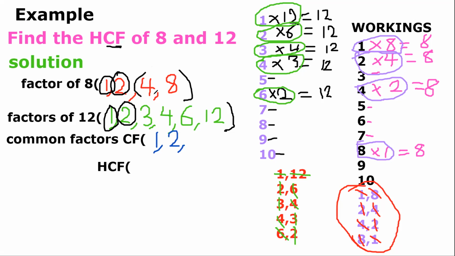So 4 is here. 4 is also here. So 4 is a common factor. Okay, because 4 appears in both sets.